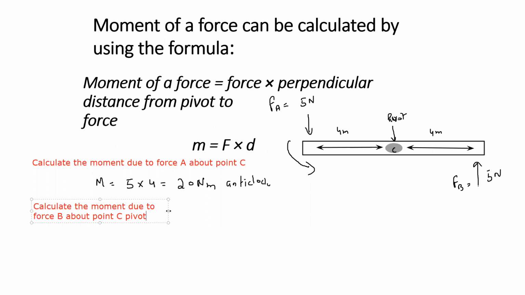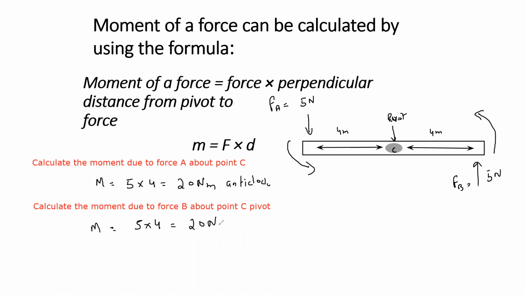So we want to calculate the moment of force B. When this force B is applied, which direction will it rotate? In this manner it will rotate. So what is the moment? Again, force is 5 multiplied by distance is 4. So 5 multiplied by 4, that's equal to 20 Newton meter. And what about the direction of this? That's anti-clockwise, good. So that is also anti-clockwise.